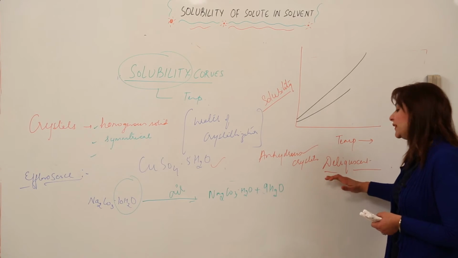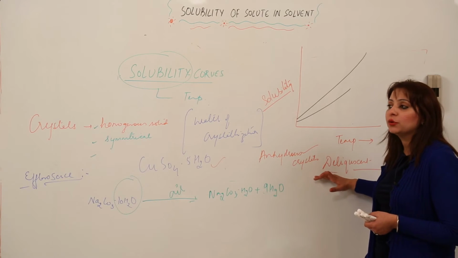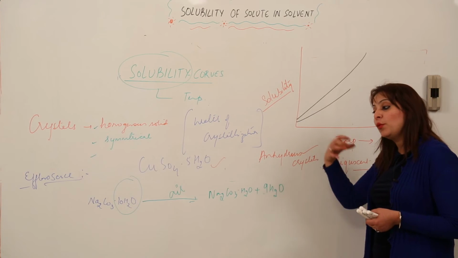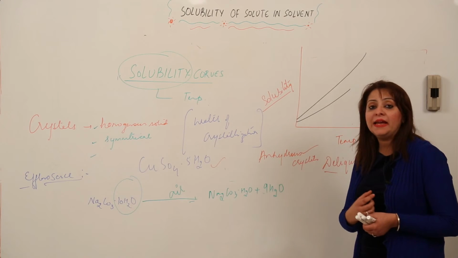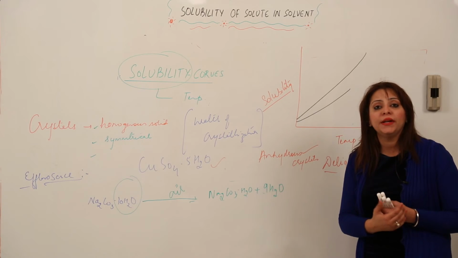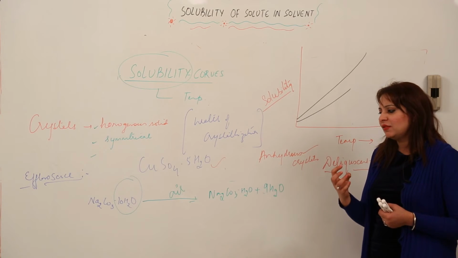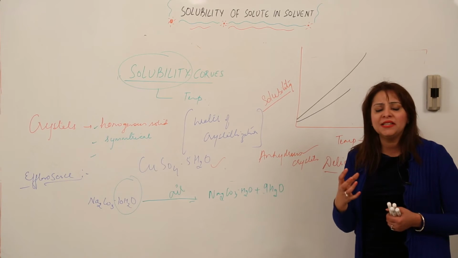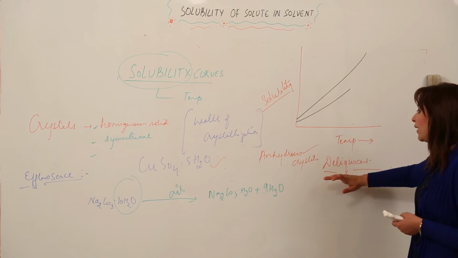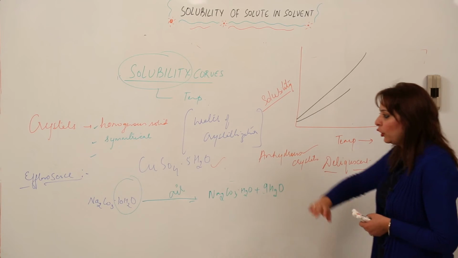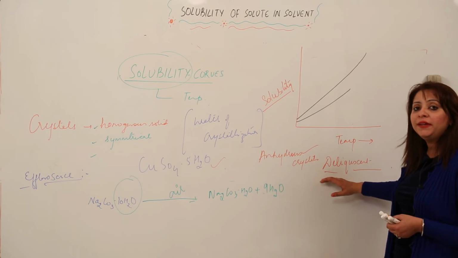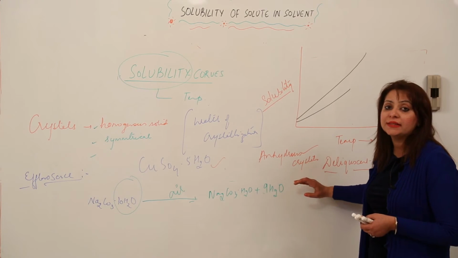So deliquescent substances are those which have the ability to absorb moisture to such an extent that they change their state as well. They appear semi-solid, meaning they have a liquid state also. They become wet. So I think efflorescence is clear: it is just the loss of water molecules, and deliquescent means absorbing moisture and also converting its state.